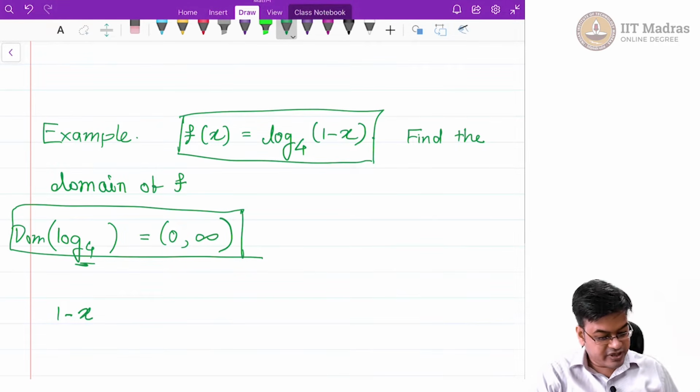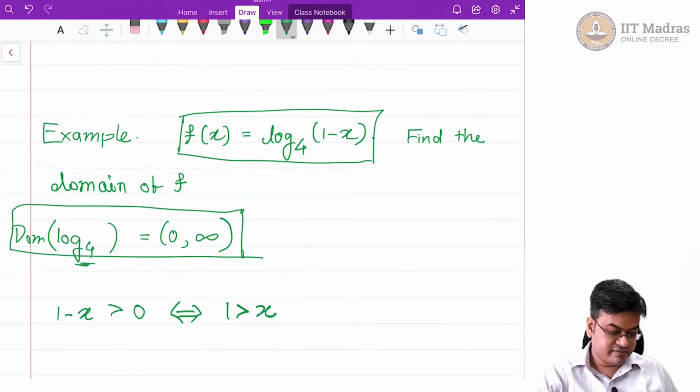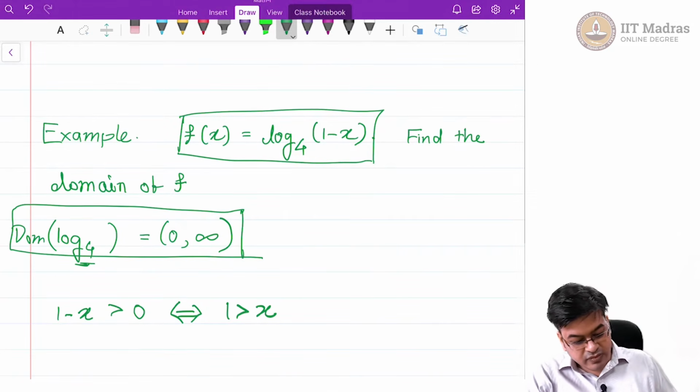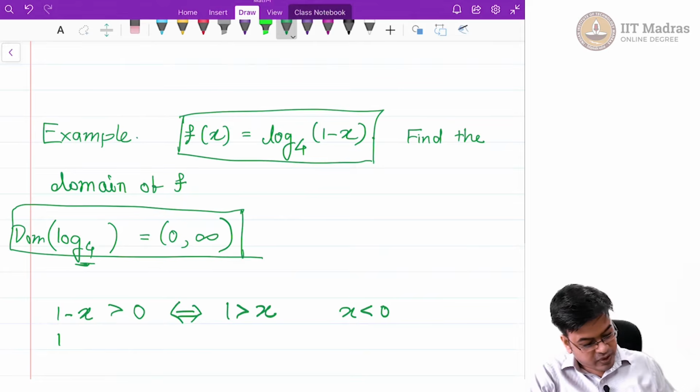According to this definition, 1 minus x must be strictly greater than 0. This will happen if and only if 1 is greater than x, correct? Because 1 minus x needs to be greater than 0, can x be less than 0? If x is less than 0, 1 minus x will actually be greater than 0.